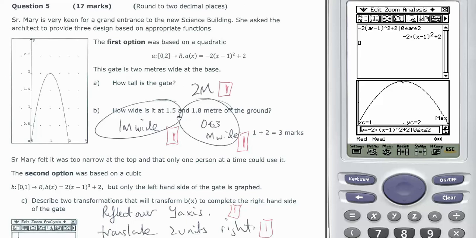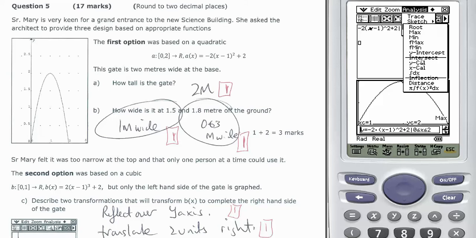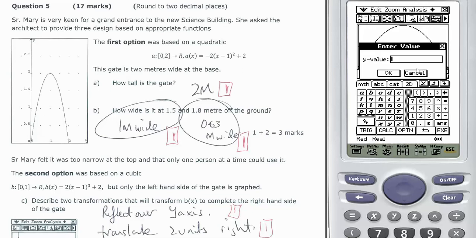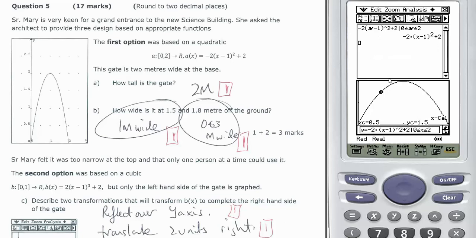How wide is it at 1.5 and 1.8 meters off the ground? Analysis, G solve, let's do an X calc when it's 1.5 meters. So the Y value is 1.5, and that tells me that X is 0.5.